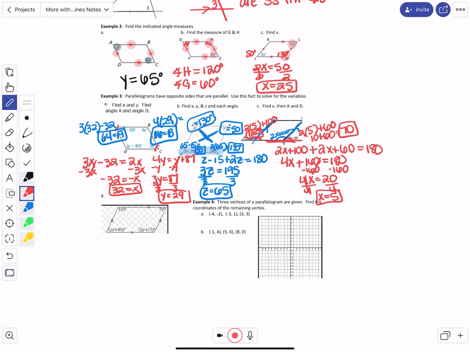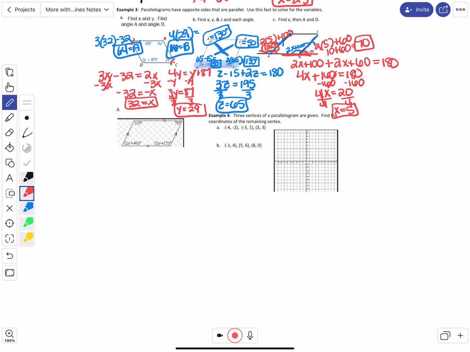Okay, so then example D. Remember, opposite angles are congruent, so I know these two angles are going to be the same. So I have 2x plus 40 is going to equal 70. If I subtract 40, I'll get 2x equals 30. I'll divide by 2. So x is going to equal 15.